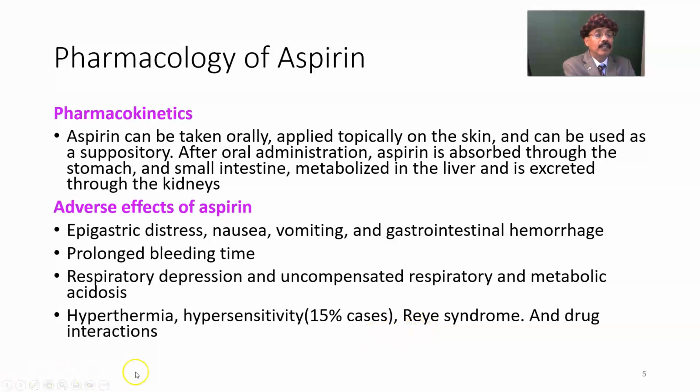If they take aspirin for any reason, they may go through Reye's syndrome. It is a hepatocerebral syndrome: there is liver damage, and the toxic substance goes to the brain.